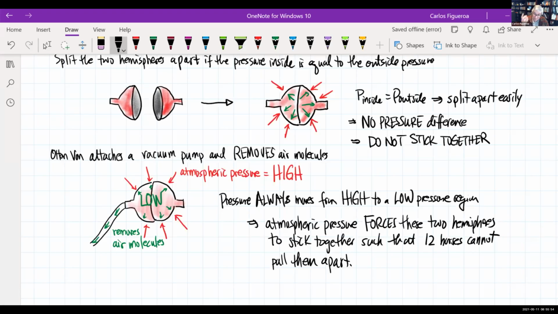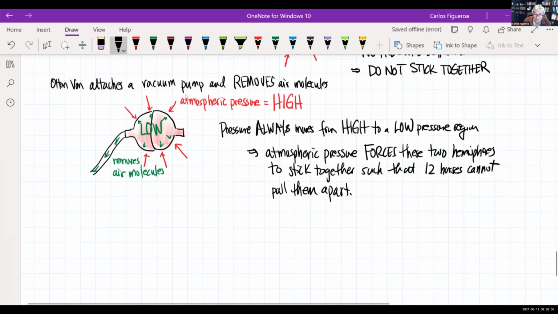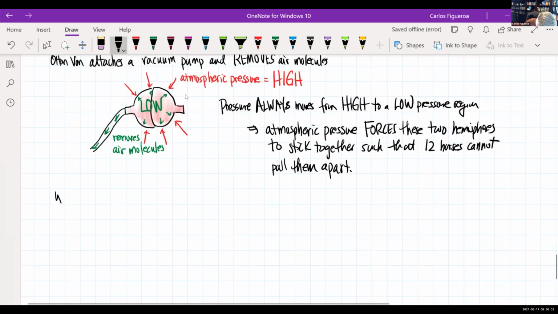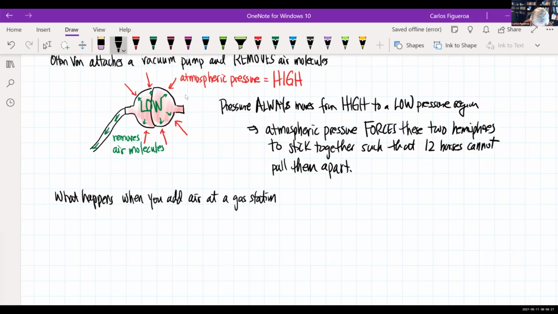And a very similar thing happens with tires too. So what happens with tires when you add air at a gas station to your car tires?